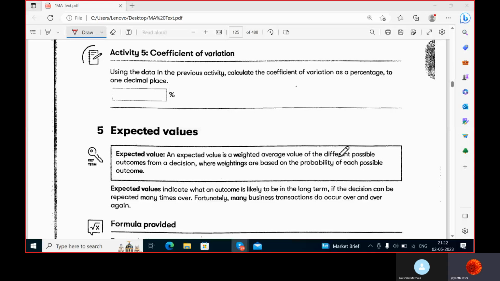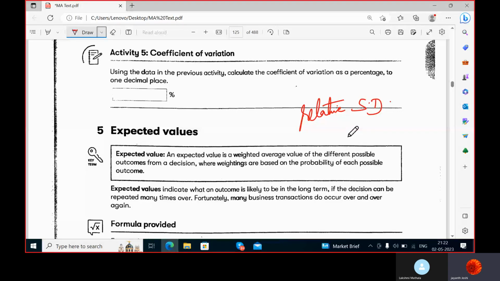Now if I have to tell you about the coefficient of variation, we can call it the relative standard deviation. It is a statistical measure of dispersion of data points around the mean.